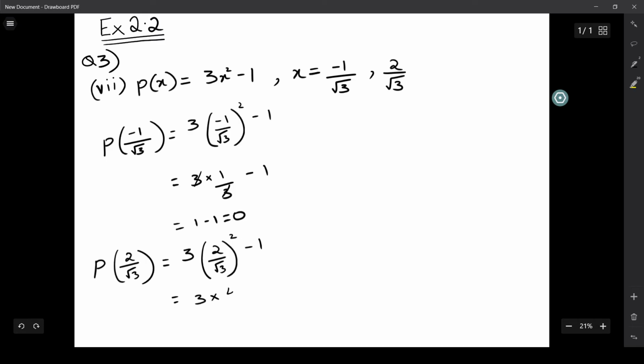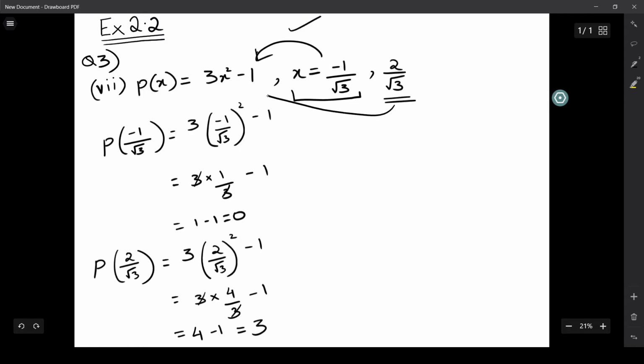This gives us 3 into 4 by 3 minus 1, which gives us 4 minus 1, which is equal to 3. So in this case, x equal to minus 1 by root 3 is a 0 of this polynomial. However, the second value 2 by under root 3 is not a 0 of this polynomial.